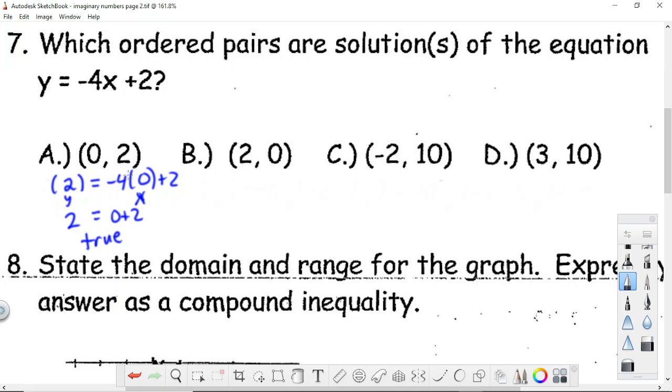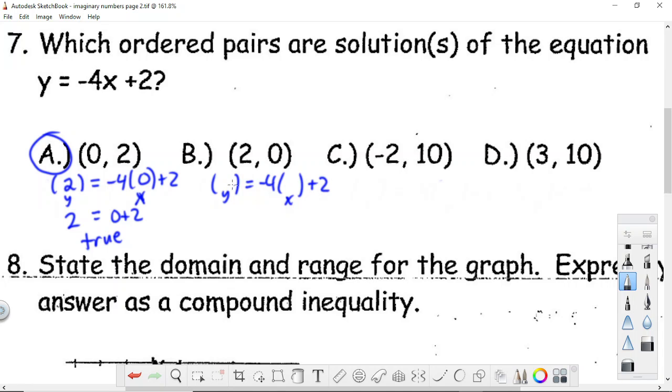Okay, -4x plus 2. Yep, equals 2. So it looks like that one works. The next one, again, we have y goes to the first parentheses equals -4 times x plus 2.